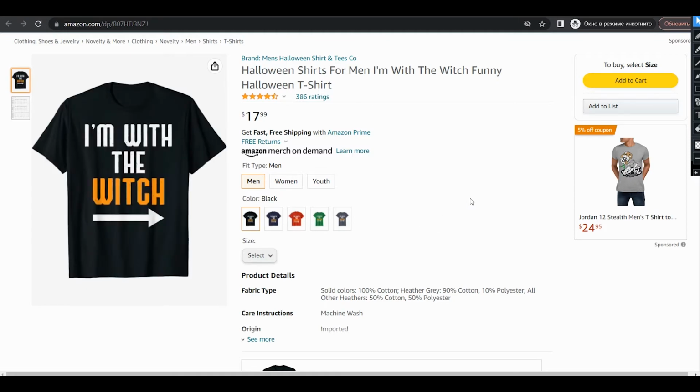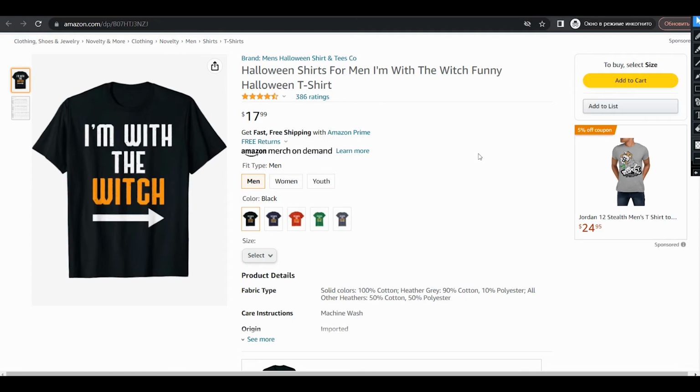But once again, don't use characters that are protected. For example, "I'm with Mickey Mouse" will not be the best idea for your design, because you will have intellectual property infringement with a very high possibility.